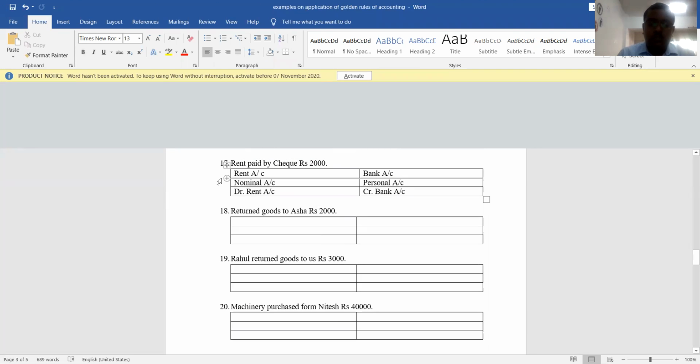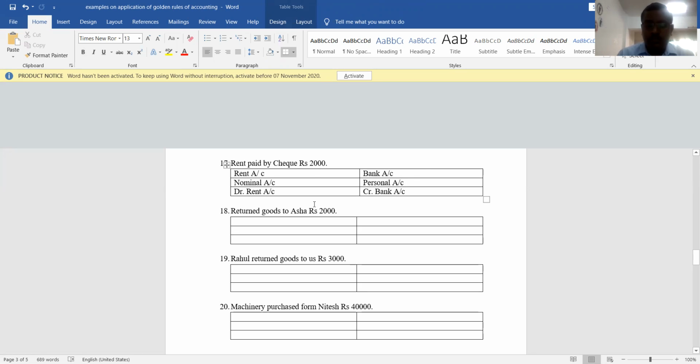Here, the two accounts are rent account and bank account, since paid by check indicates bank account. Rent is an expenditure, so it is a nominal account. Bank is an artificial person, so it is a personal account.